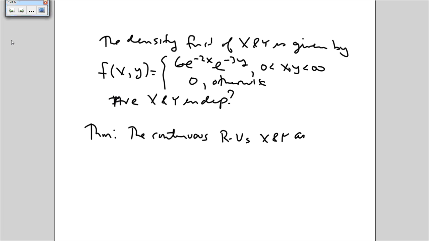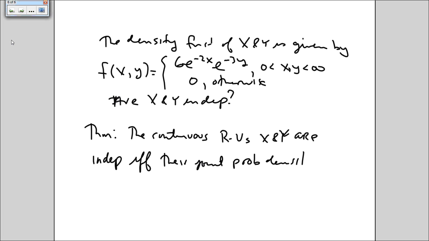X and Y are independent if the joint density is the product h of x times g of y.